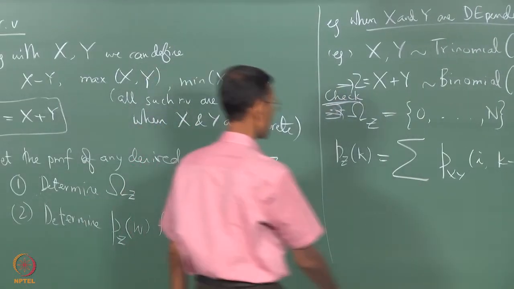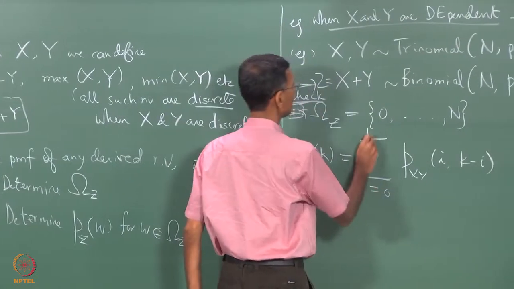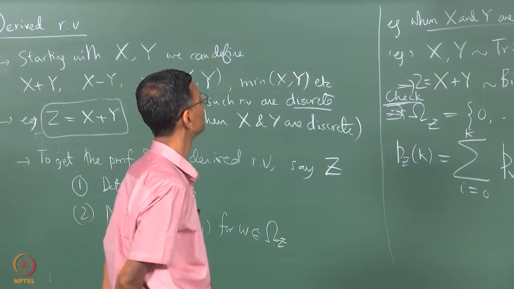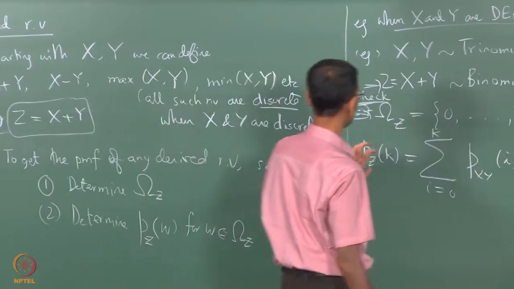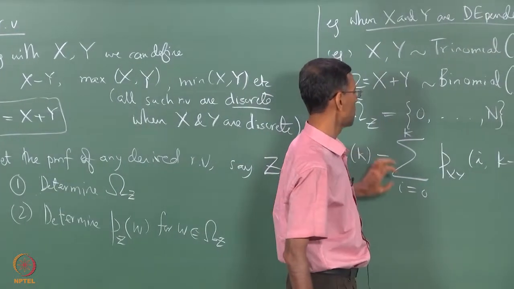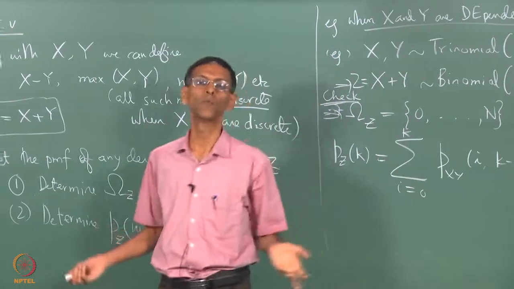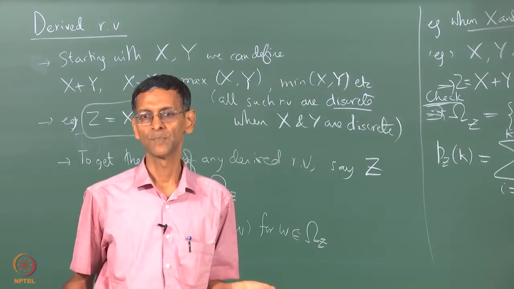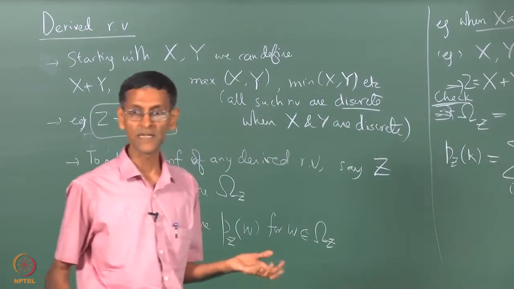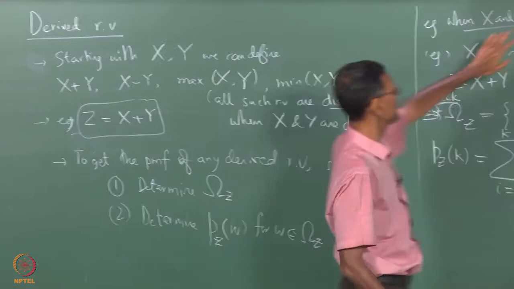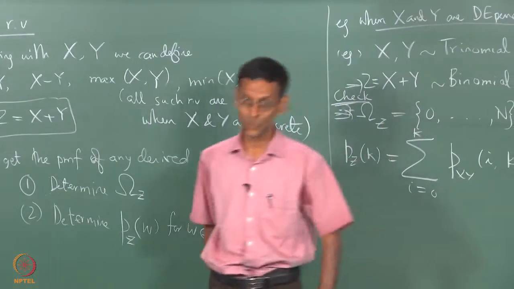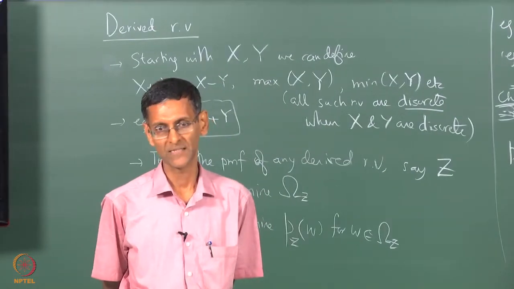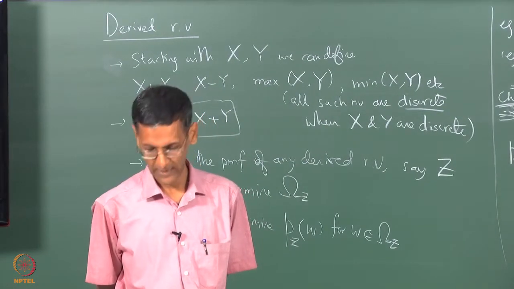So again I go from 0 to k. Remember we are looking at the probability that z equals k. So if z is k, x cannot be more than k, x can be at most k, isn't it? But here, because they are dependent, this cannot and will not factorize into px of i into py of k minus i. That is the most important difference between that and this.